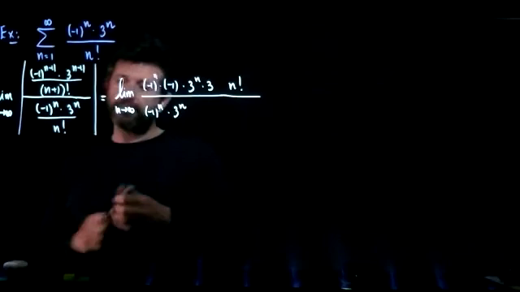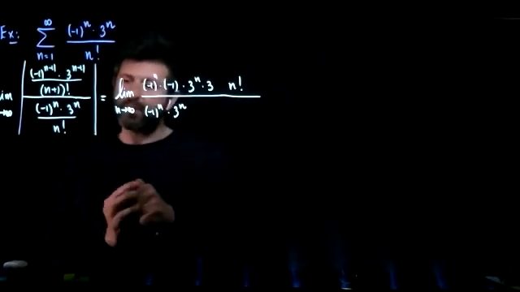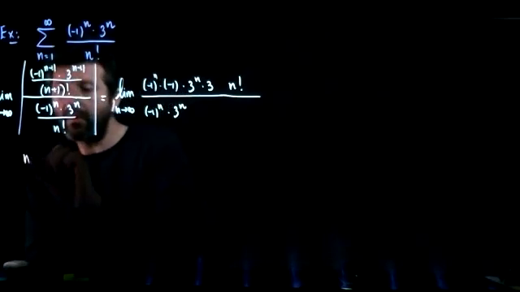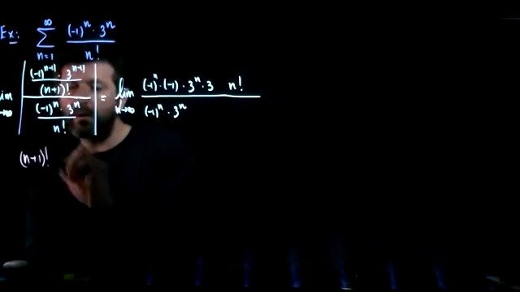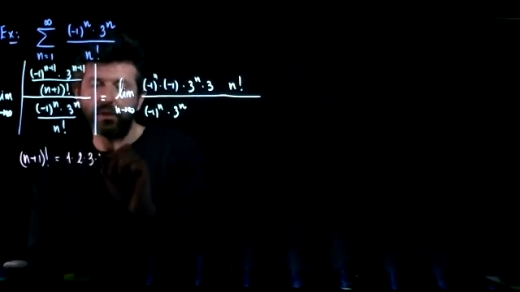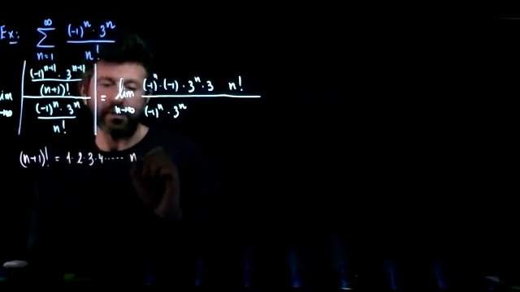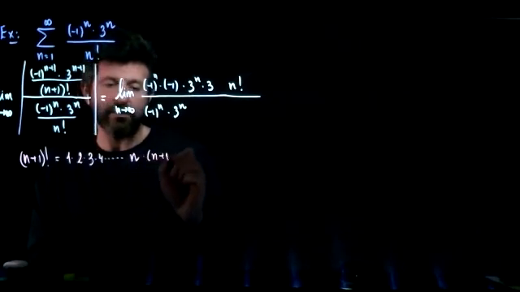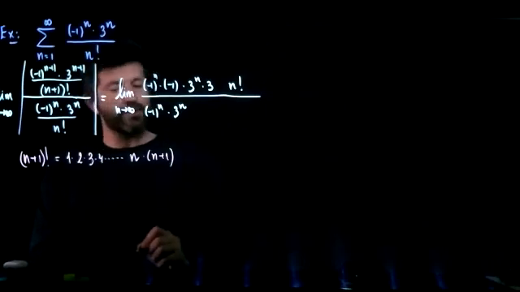Okay. But n plus 1 factorial, what is that? Well, this is 1 times 2 times 3 times 4, all the way until n, times the last term, which is n plus 1. That's what it is. Okay.